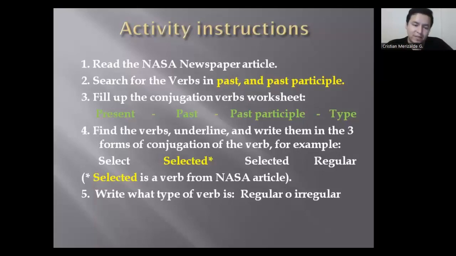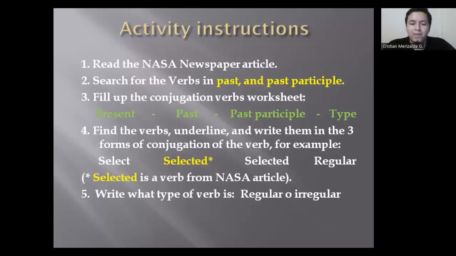The present tense of select is select. The past is selected, and the past participle is selected. So what kind of verb is this, irregular or regular? In this case, we have a regular verb because it doesn't change the form of the word and only has ed at the end of the word. So it is a regular verb.